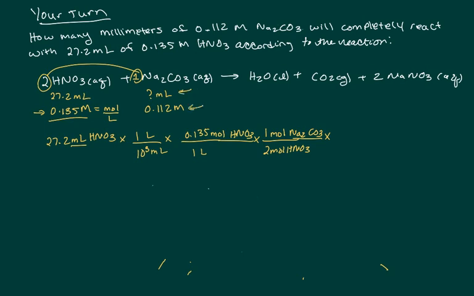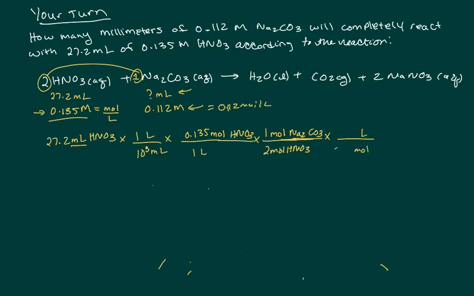I can use the concentration of this as my conversion factor. I know this is, again, molarity, and so this is saying for every 0.112 moles, I have 1 liter of sodium carbonate. So, since moles is on the top here, I'm going to put it on the bottom, and liters is on the top.